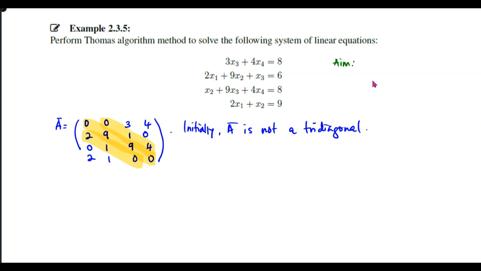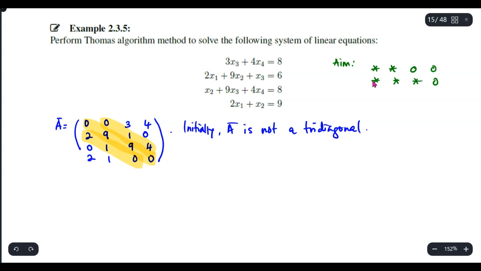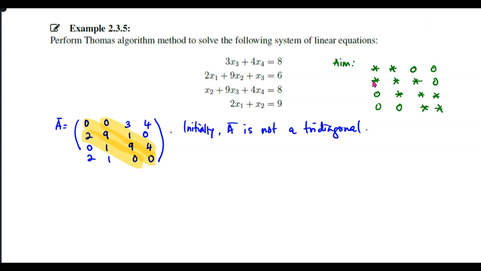In general we have a non-zero element over there, and at the second row we have non-zero elements here, and then we have 0, non-zero element. Basically that would be our tridiagonal matrix for a 4 by 4 system.